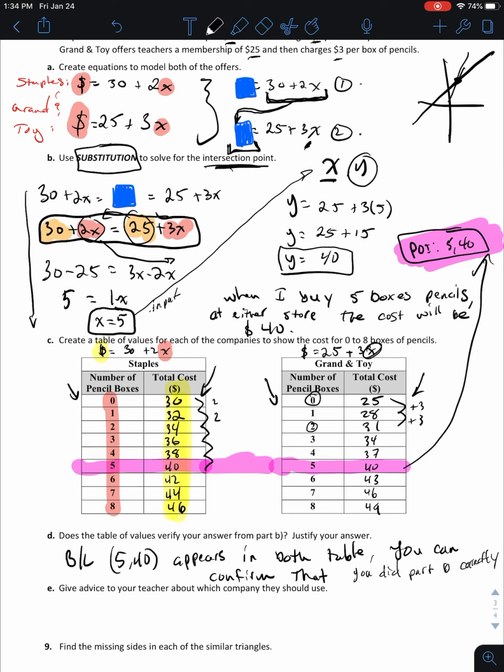Because you can see 540 is the answer we got there for the point of intersection. Right? So then you're good.